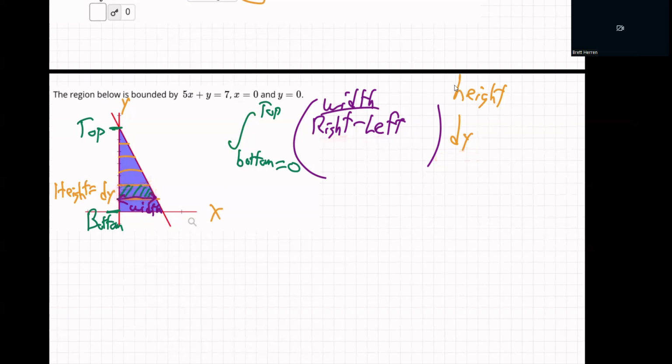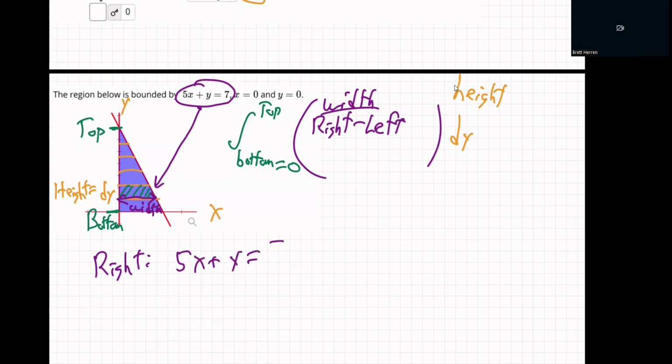What is the right edge? Well, the right edge is this equation. So to find the right edge, I'm going to take that equation, 5x plus y is 7, and I'm going to solve for x, because x is right and left. So I'm going to move this y to the other side. So 5x is minus y plus 7.